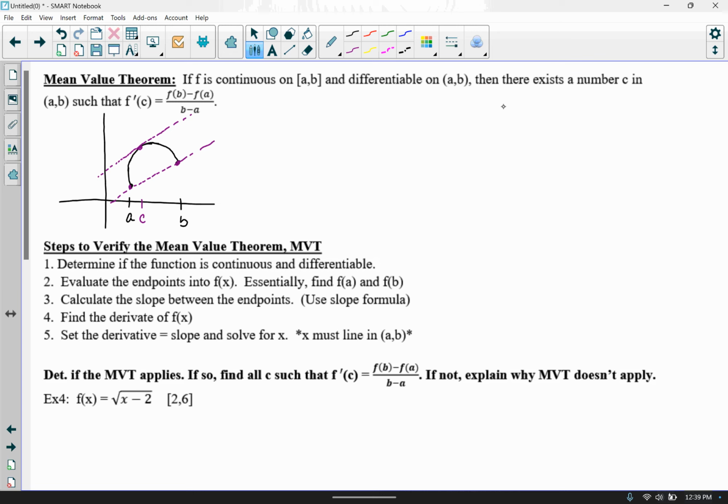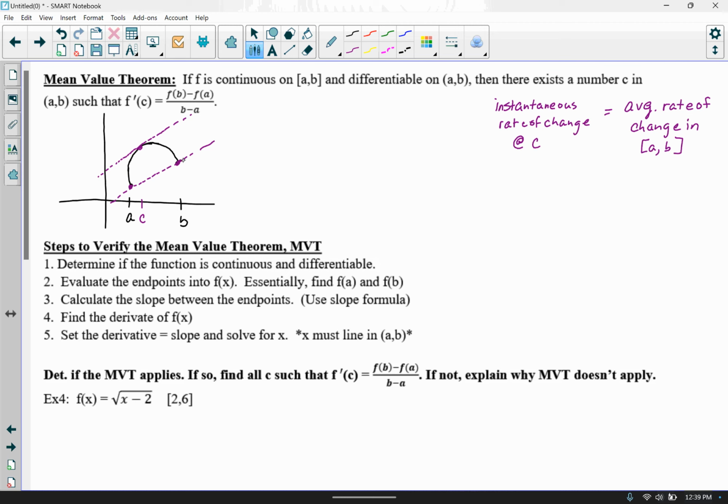So in other words, they're saying that our instantaneous rate of change at c is equal to the average rate of change between A and B. Or the average rate of change in that closed interval from A to B. And we're specifically looking at these two endpoints.